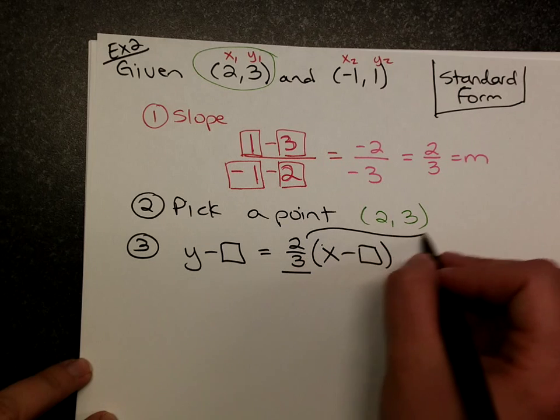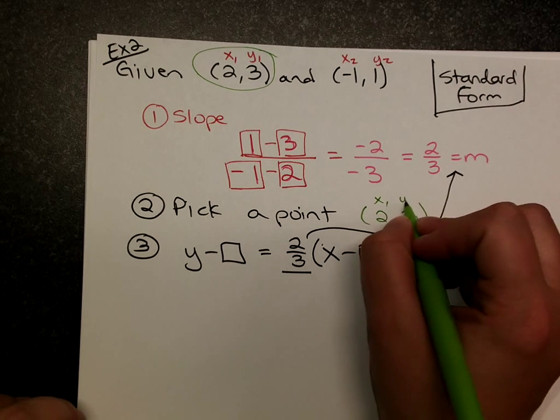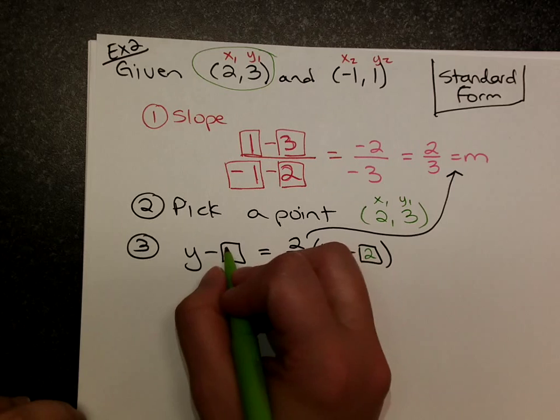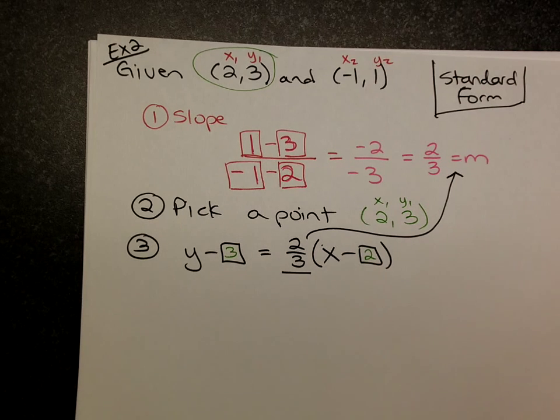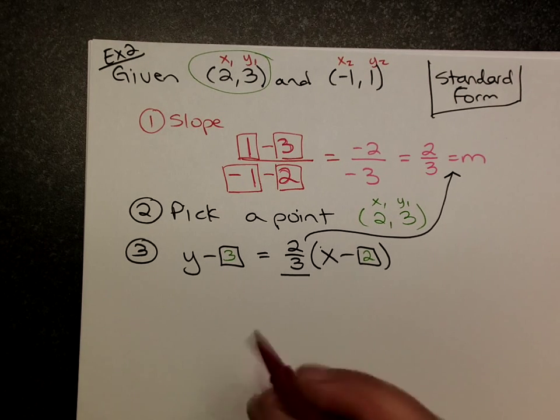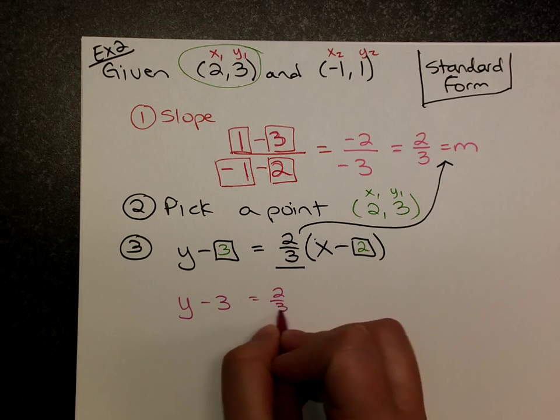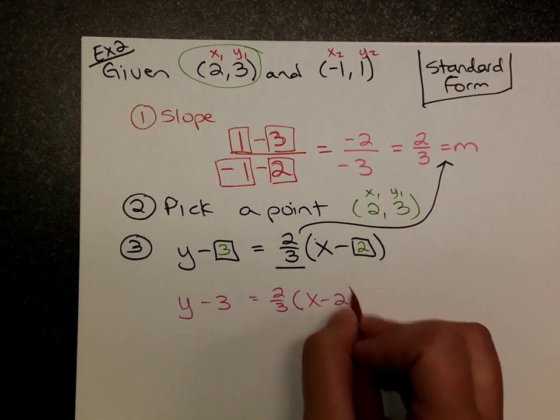The 2/3 is my slope. I just plugged it right in. The point I chose was 2, 3. x1, y1. The 2 goes with x, the 3 goes with y. I'm going to kind of rewrite that, see what I'm looking at. So far I have y minus 3 equals 2/3 times x minus 2.